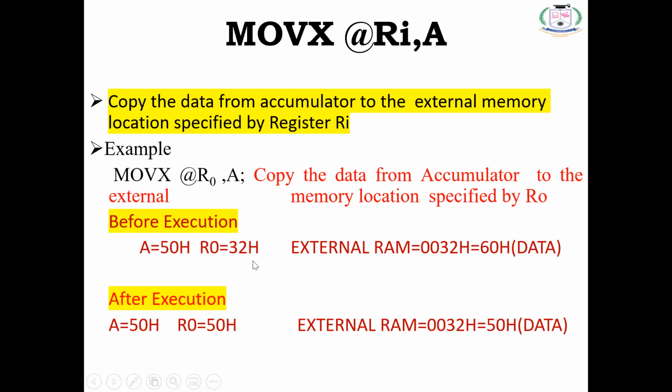So 32 won't go to internal memory, but external memory, specified as 0032. Can you understand why? It is a 16-bit address line. So at 0032, the accumulator data 50 will be moved here. The accumulator content moves to the external memory specified by the register.